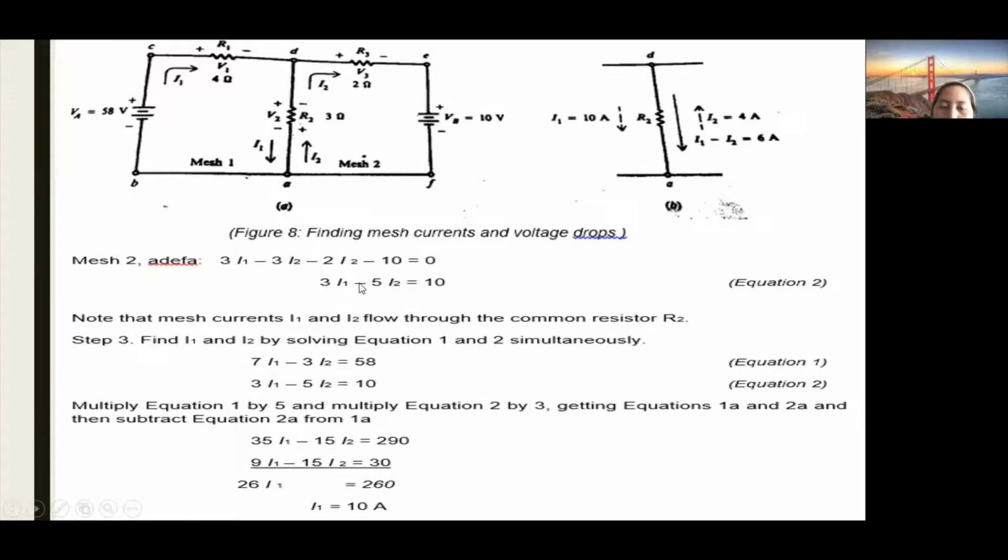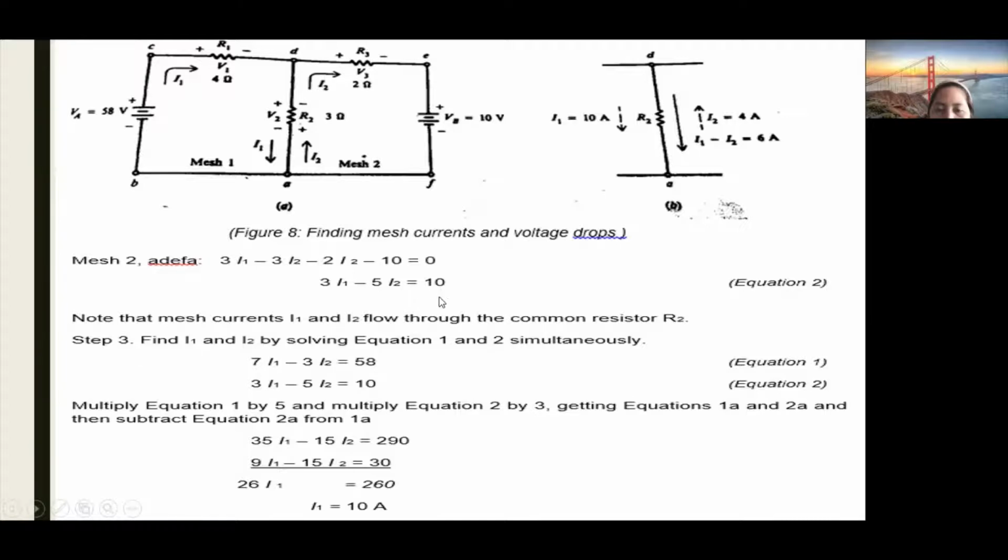Okay, so here I2 is negative. The sign is negative because it's clockwise. The direction is clockwise. Same here with I2.